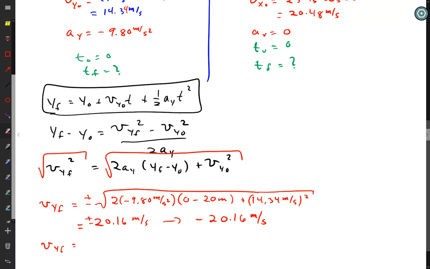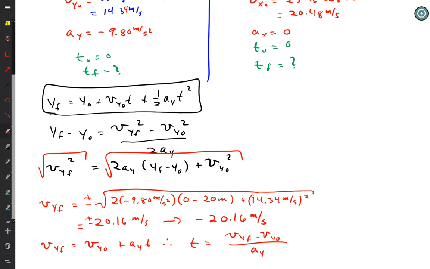So Vy final is equal to Vy initial plus Ayt. Therefore, time is equal to Vy final minus Vy initial all over Ay. And you can see if I had not paid attention to Jonathan, if I had not corrected my sign, I would have got a wrong answer here.